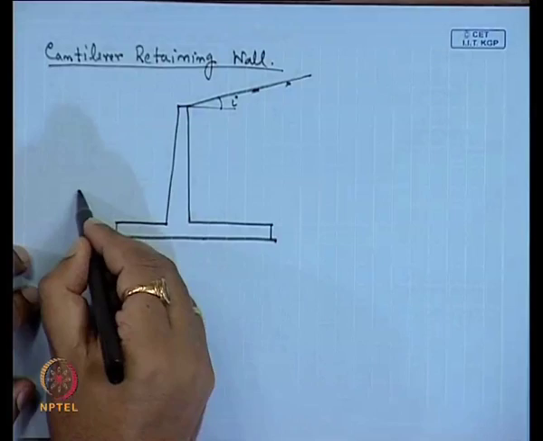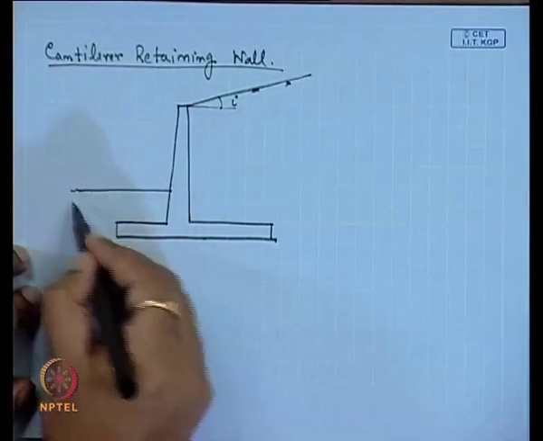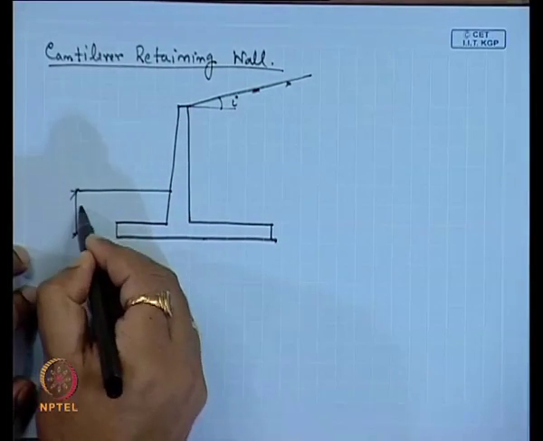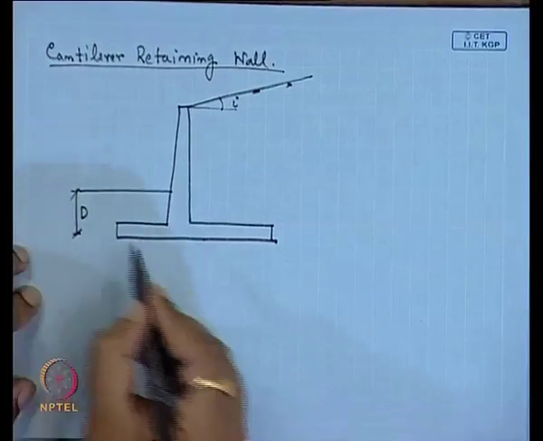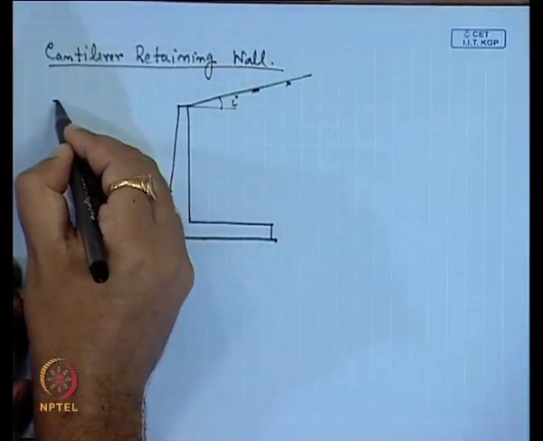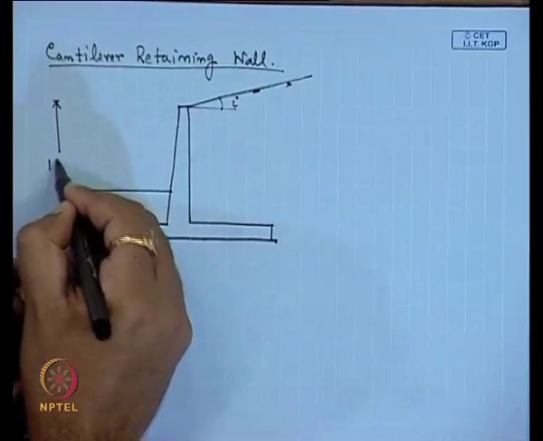And now, this is the depth D of the retaining wall, and this one is the height H of the retaining wall.